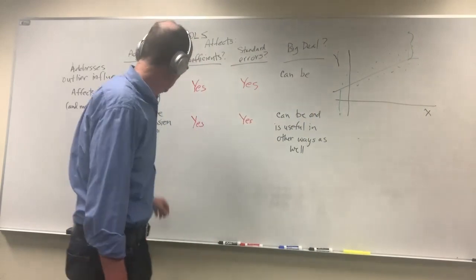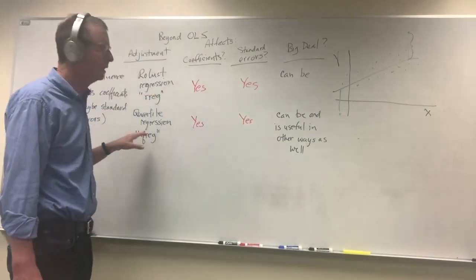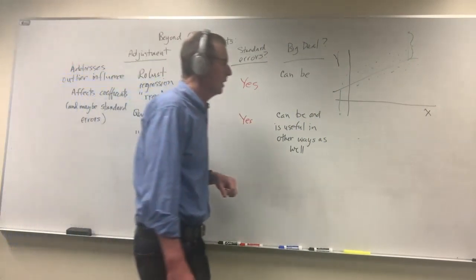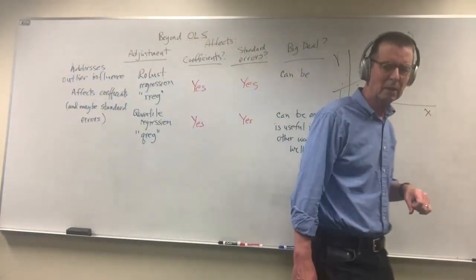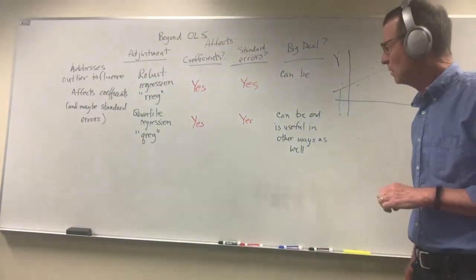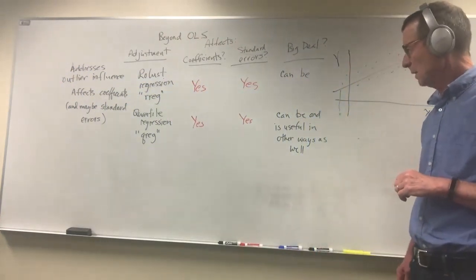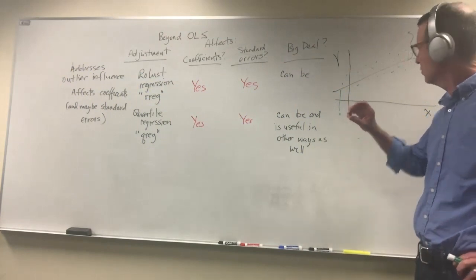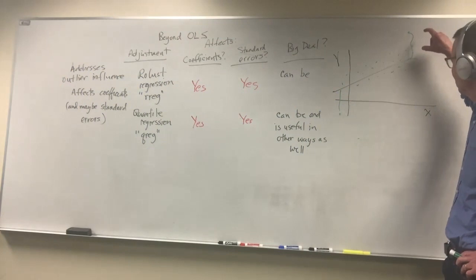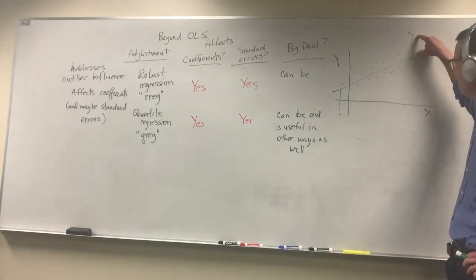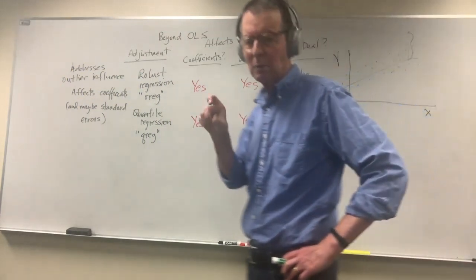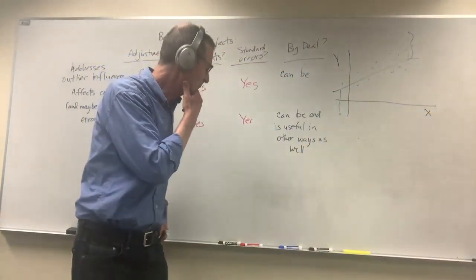So a quantile regression fits to the median instead of the mean of these distributions. It too, therefore, is less sensitive to outliers. In effect, what it does is not take a squared distance, but rather an absolute distance instead of a squared distance. So it reduces the influence that kind of way.